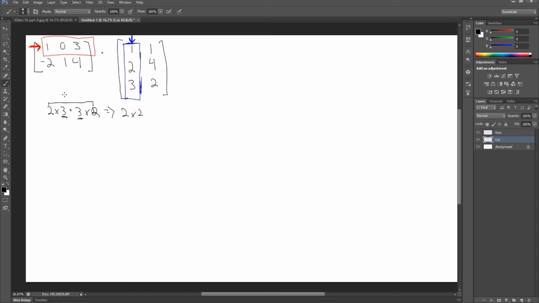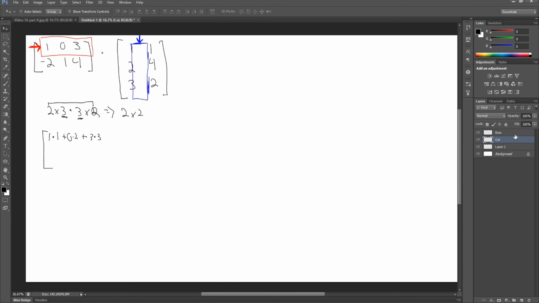So we always start with row 1, column 1. So for here, we have the first entry is a 1 times a 1. Then we are doing the sum. So this is plus. I have a 0 times a 2. Then the sum, 3 times 3.